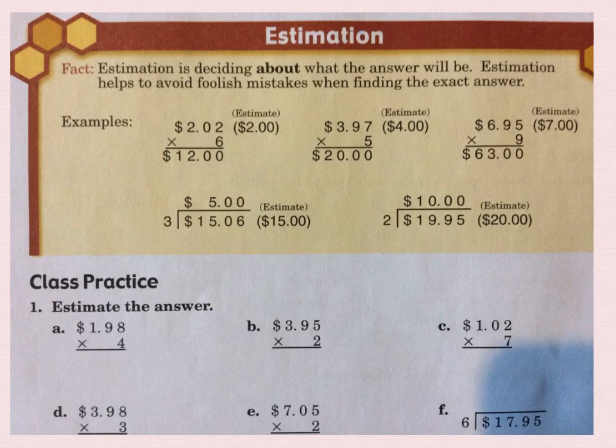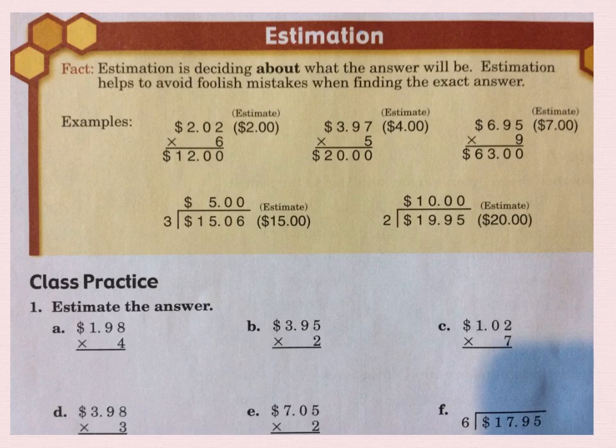They did $15.06 divided by 3. Well, instead of $15.06, they said, let's say it's about $15 divided by the 3. And $15 divided by 3 would be $5. That's not the exact answer, but it's a rounded answer. It's an estimated answer. And we'll practice doing these now with multiplication problems and division problems.